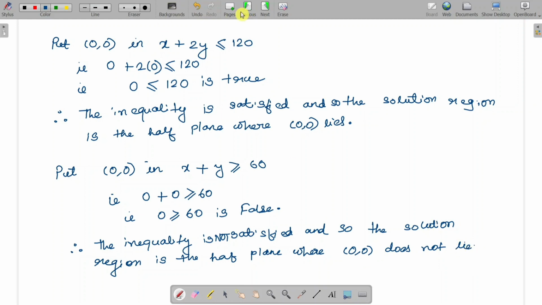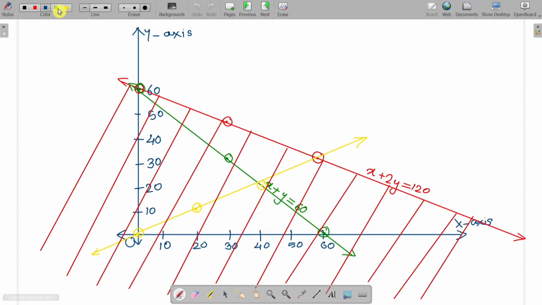So if we look at the solution region, it is this.